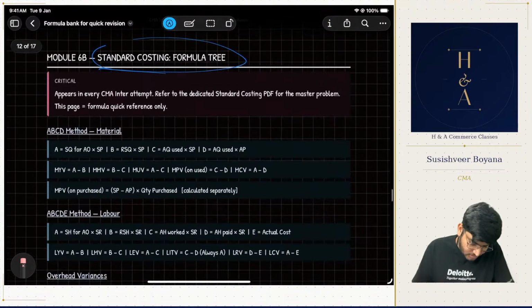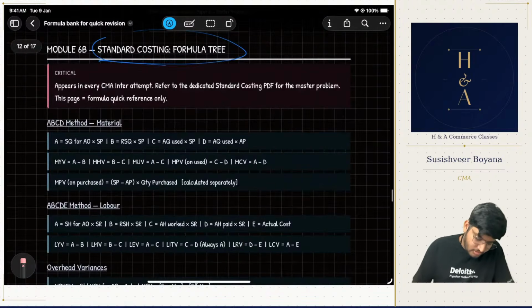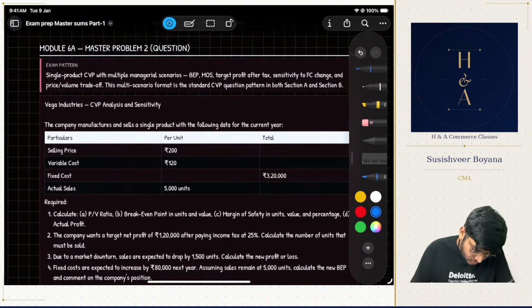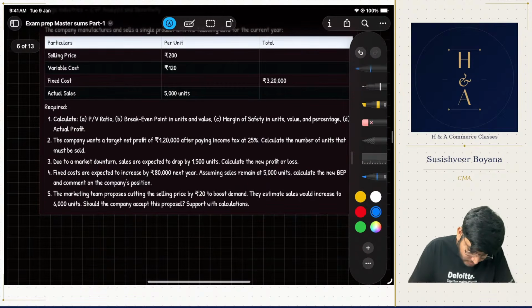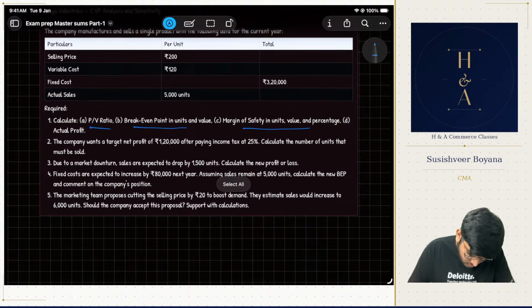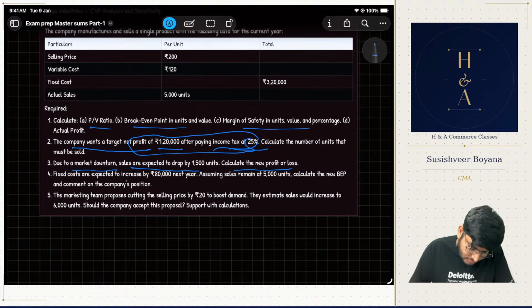Okay, let me try to find one problem for marginal costing. PV ratio, BEP, margin of safety. Due to market down, sales are expected to drop. Calculate new profit. Fine. These things you guys can manage. Company wants a target net profit of 1 lakh 20 after paying income tax.